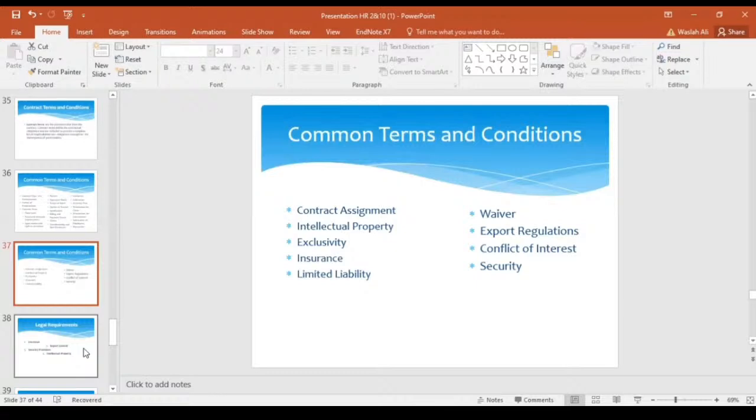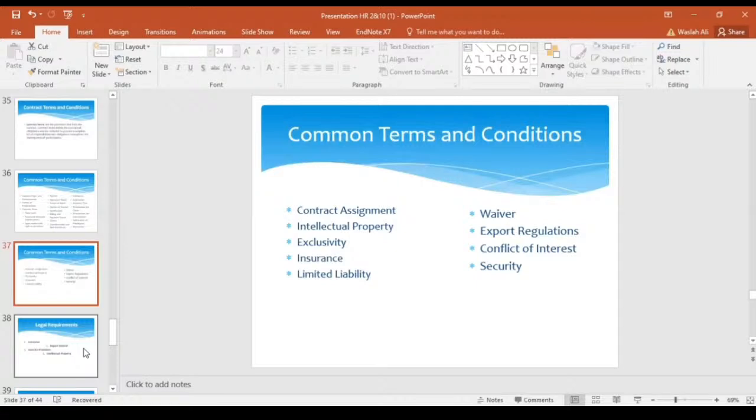This type of term includes requirements that must be adhered to and should be listed within the contract. And at the end, we have security. These terms include requirements that must be protected within any firm or contract.